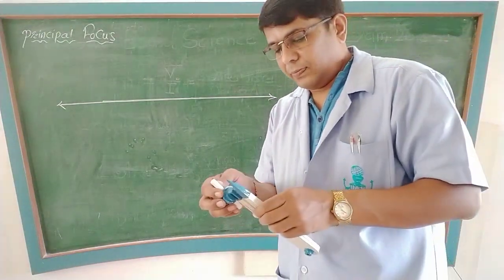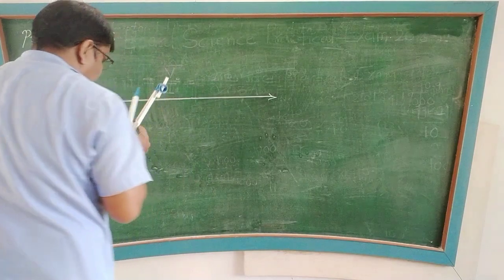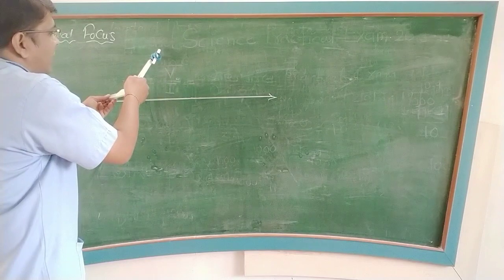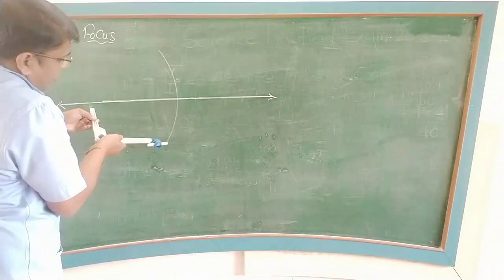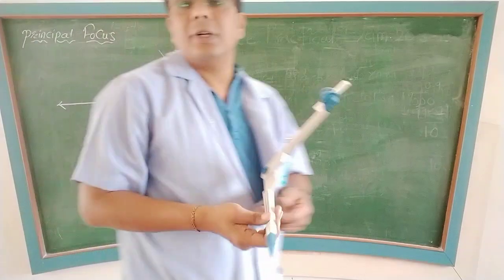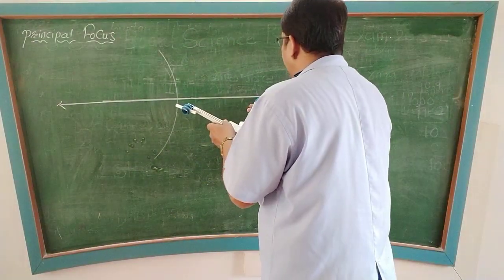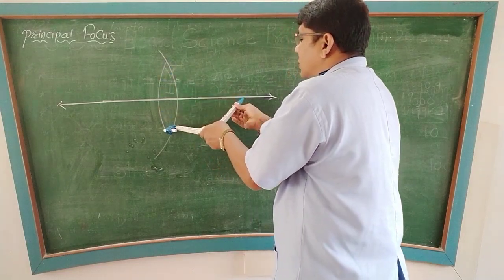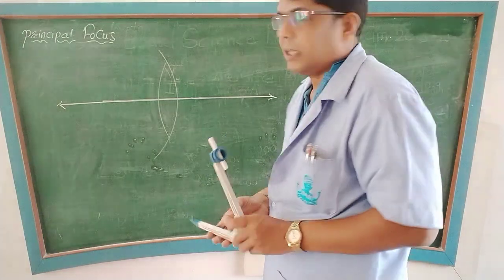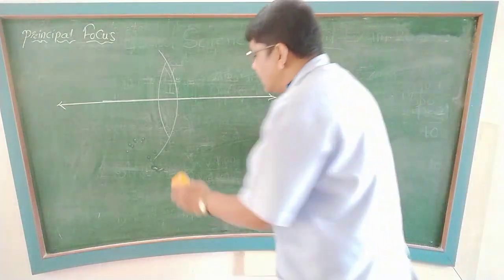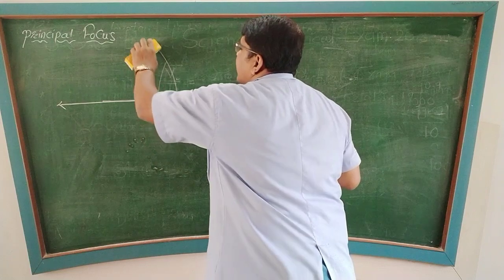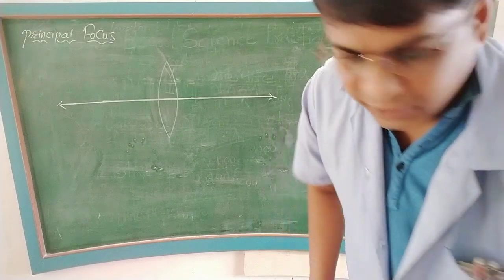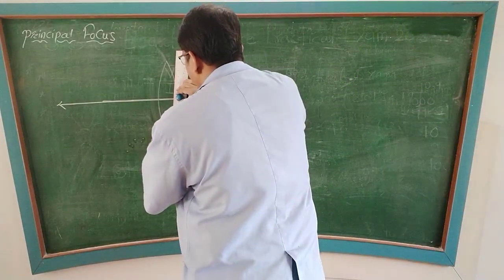Now, for drawing, take any distance on your compass and draw a curve like this, and from the other side with the same distance draw another curve, and whatever the additional arcs are there, erase them. So you get the convex lens.